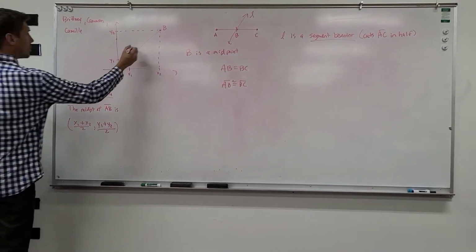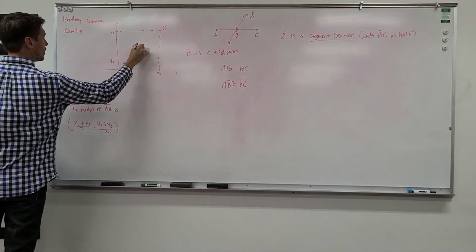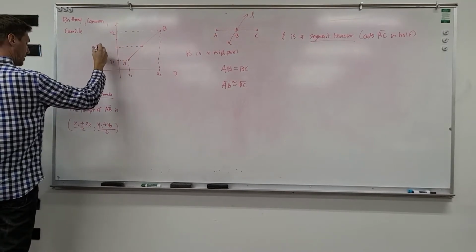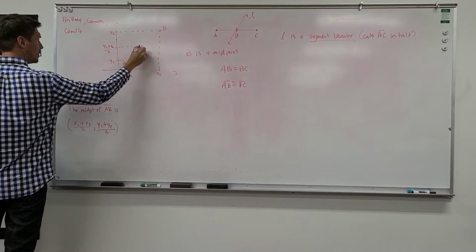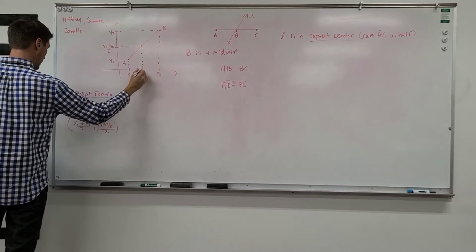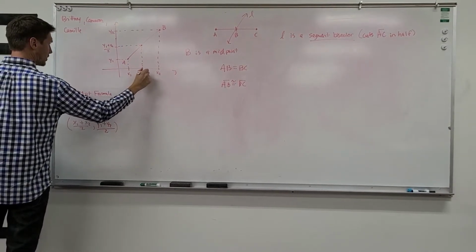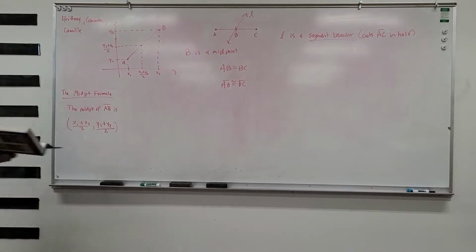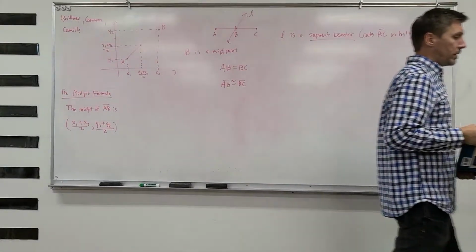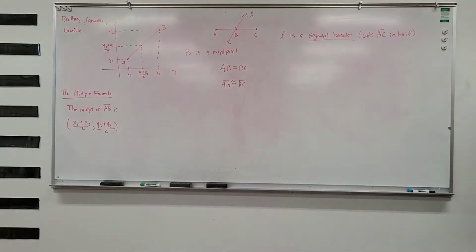So if I were to actually draw the midpoint on here, my y value would be y1 plus y2 over 2, and my x value would be x1 plus x2 over 2. So that's how we can find the coordinates for the midpoint of a segment that's on the graph. That's a graph of a line segment.